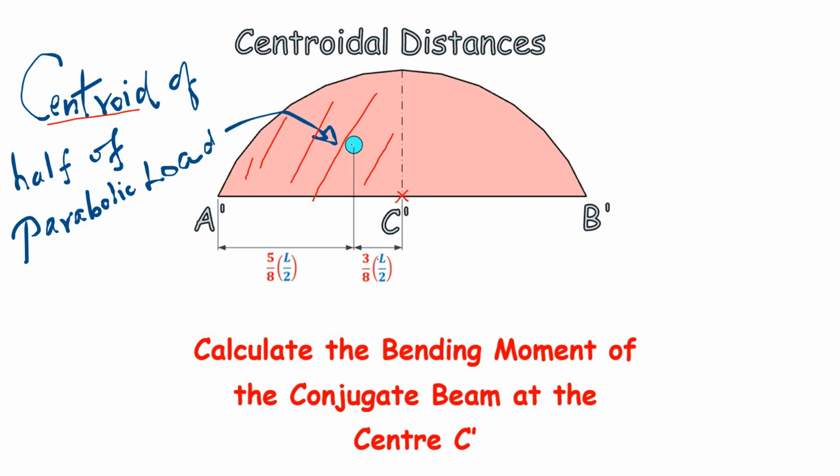This green color circle represents the centroid, which is at a distance 3 by 8 times L by 2 from C dash, and the same centroid is at a distance 5 by 8 times L by 2 from the point A dash.